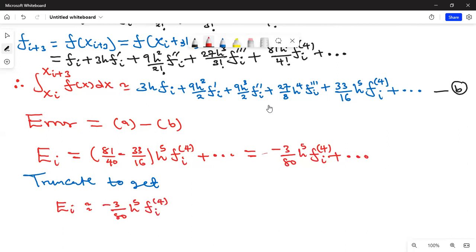But I said we are only interested in the absolute error, so take absolute on both sides. So what will it give us? It will give us 3 h raised to 5 over 80, then the absolute of the fourth order derivative.